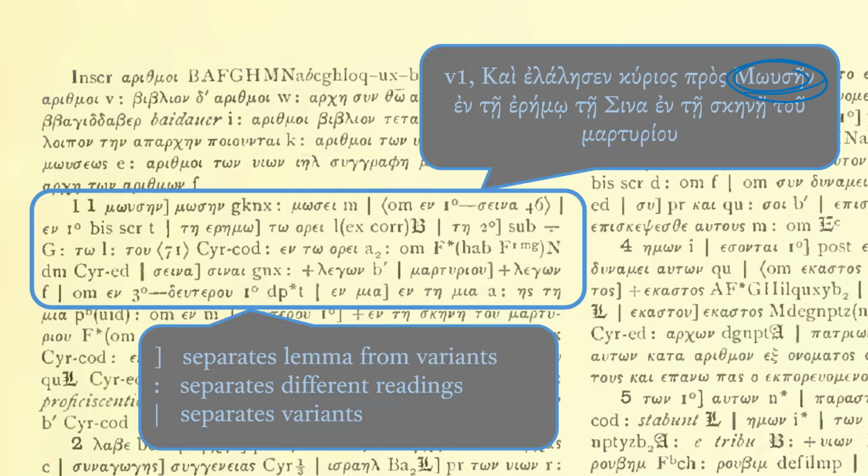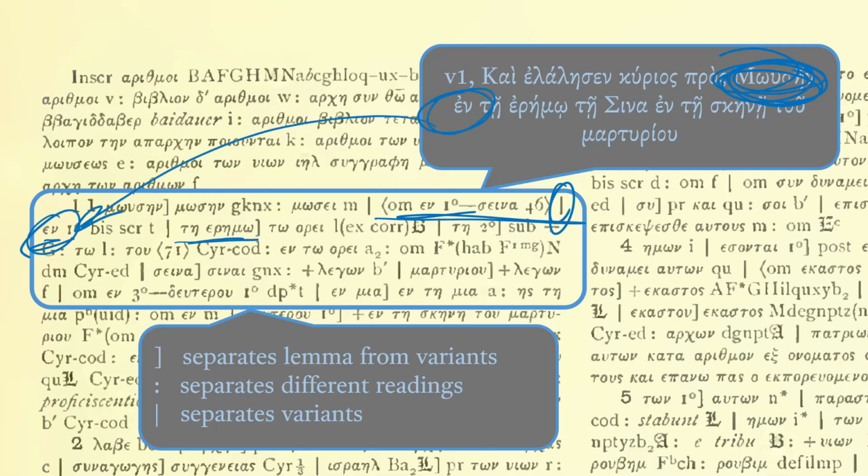Lastly, when you get to the end of this particular variant unit, so for instance, when we get to the end of the different spellings from Mausein, they do a prominent vertical pipe there, vertical bar, and say, okay, here's the next one, vertical bar, here's the next one, and so on. So you'll see the N here is going to correspond to this N. It's going to refer to that.